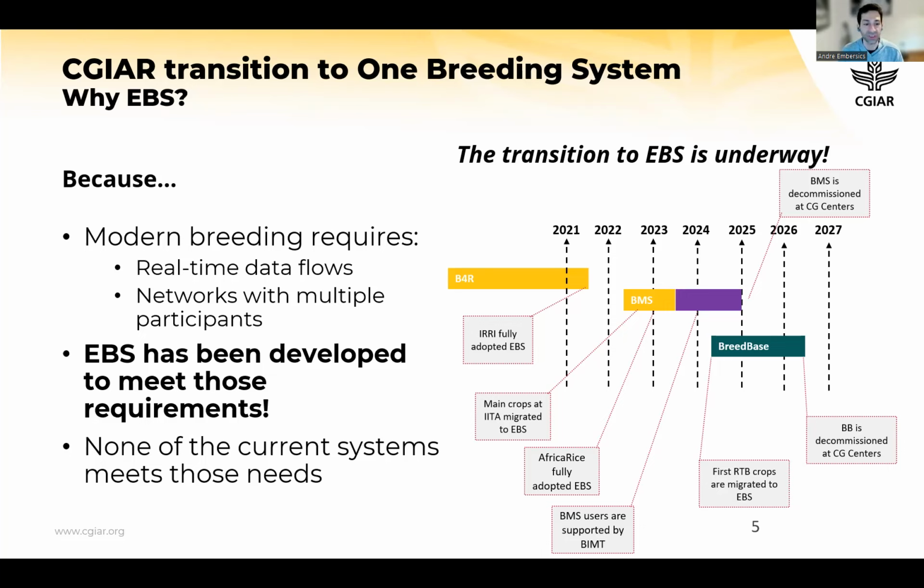But that's something that is to be decided on. And in the future, as I said, if all goes well, EBS should become the one breeding data management system for the CG centers and the NARS partners.